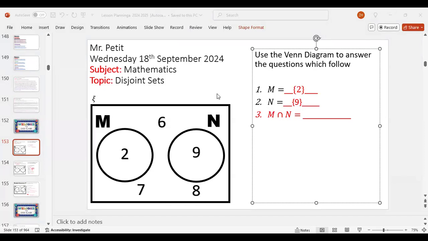Kanan, very good. Janae Williams, very good. What's the sign between M and N? Oh, that's the intersection. That means which ones are common. Beyonce got it right.